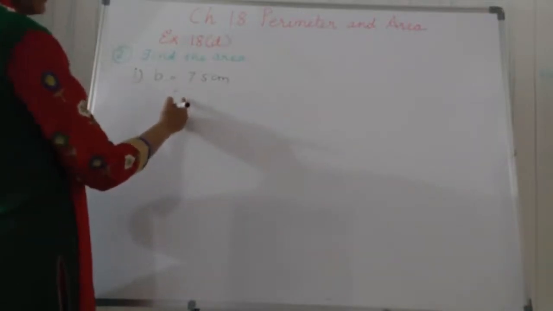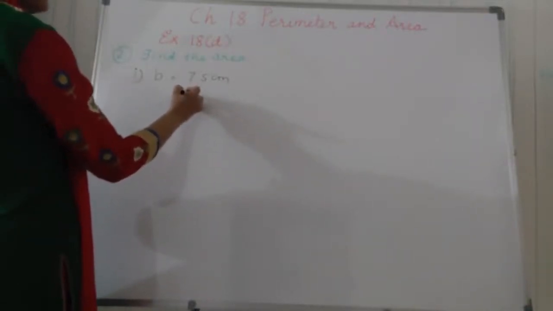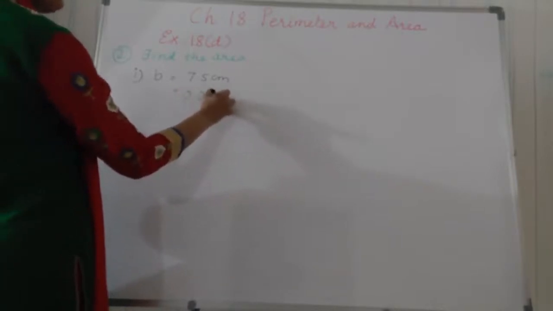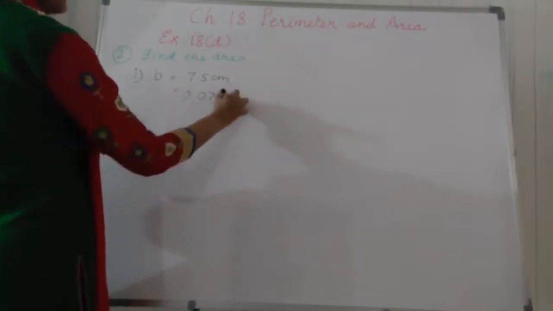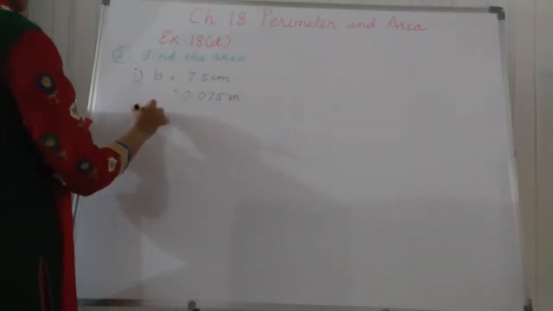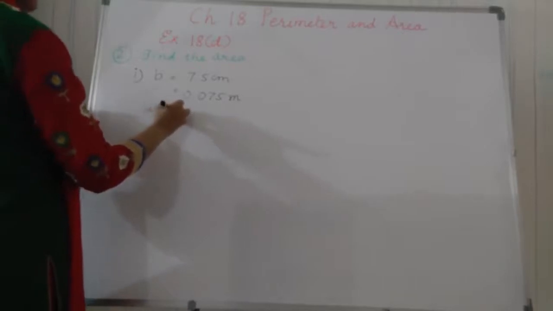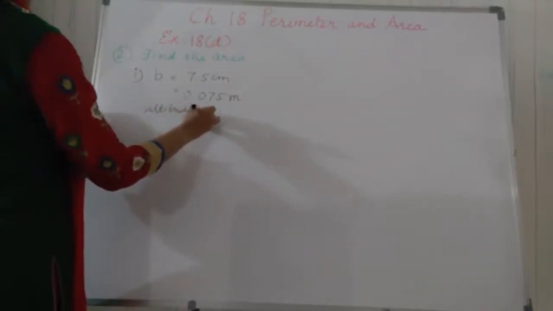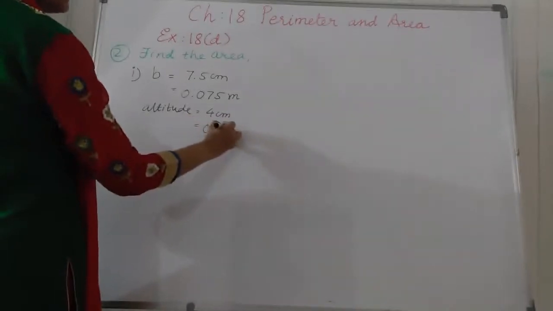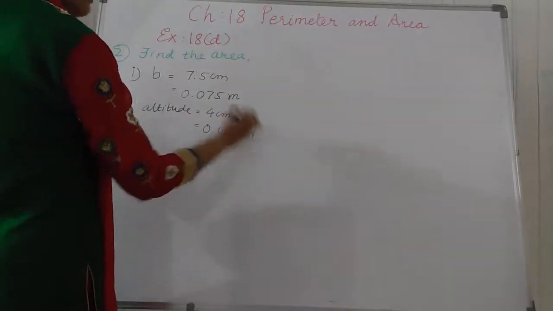So dividing by 100, we get 0.075 meters. Similarly, the altitude is given to you, that is 4 centimeters. Now converting into meters, we get 0.04 meters.